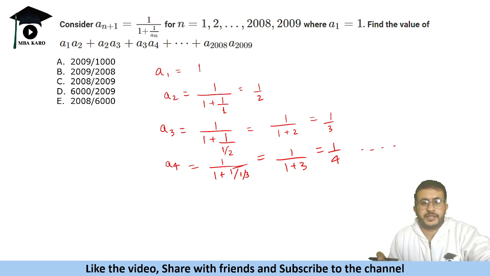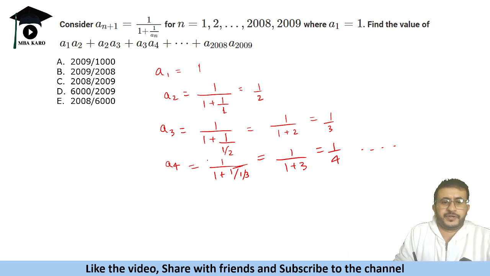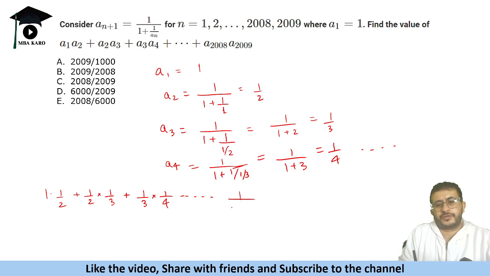Okay, so we know that an is 1 upon n. Okay, so we need to find 1 into 1 upon 2 plus 1 upon 2 into 1 upon 3 plus 1 upon 3 into 1 upon 4, and so on till 1 upon 2008 into 1 upon 2009. Okay.